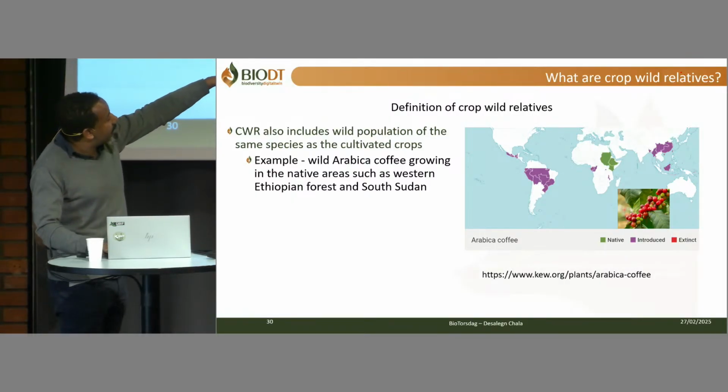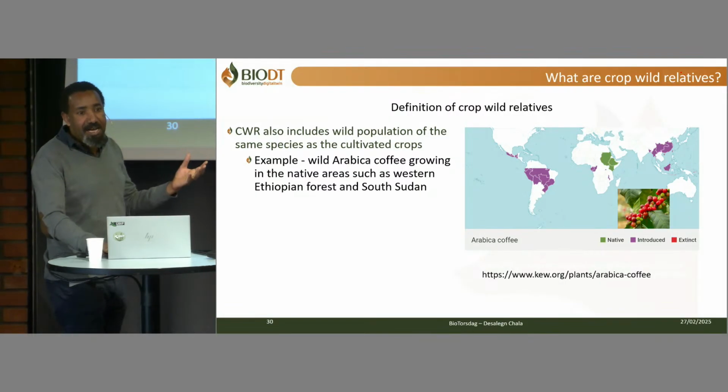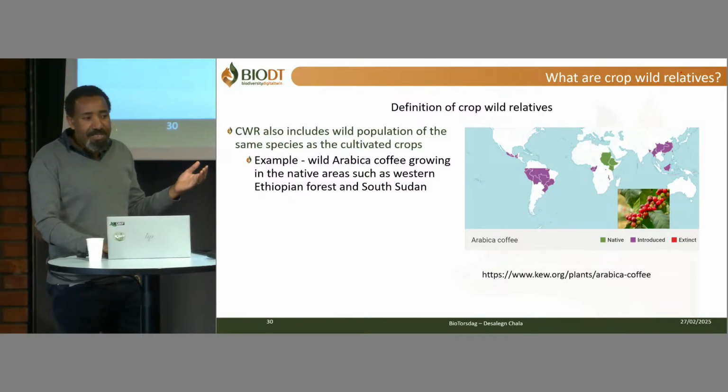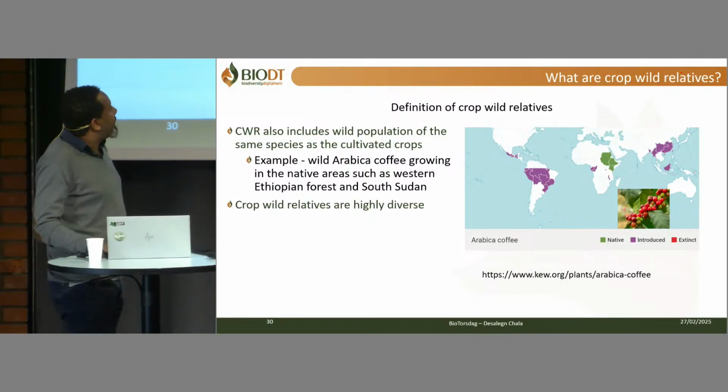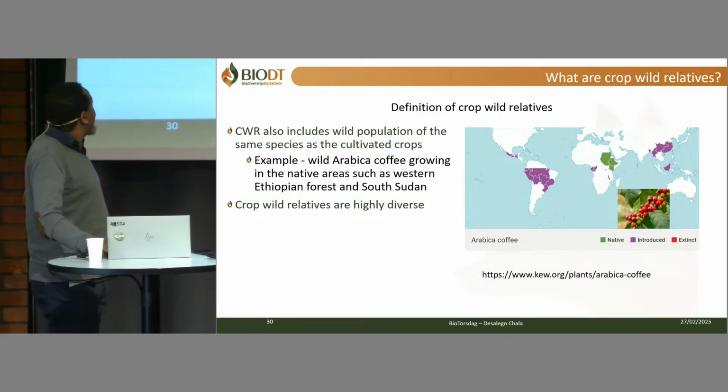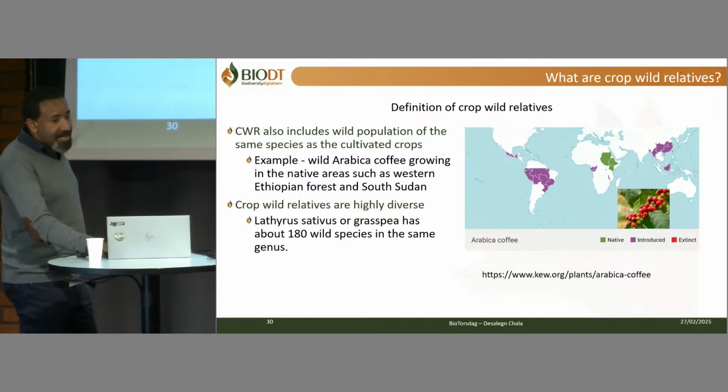For example, if you go to the native area in Ethiopia, we still have wild coffee in the forest, which belongs to the same species as the coffee which we are using, and this can also be considered a wild relative. Crop wild relatives are highly diverse.